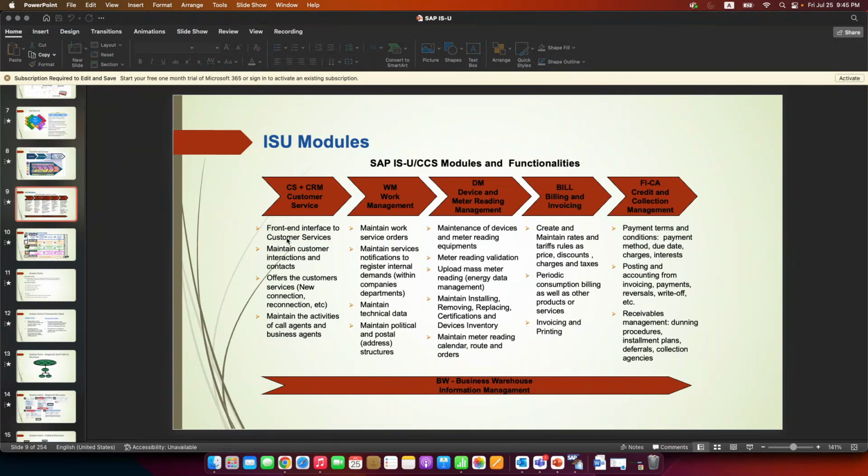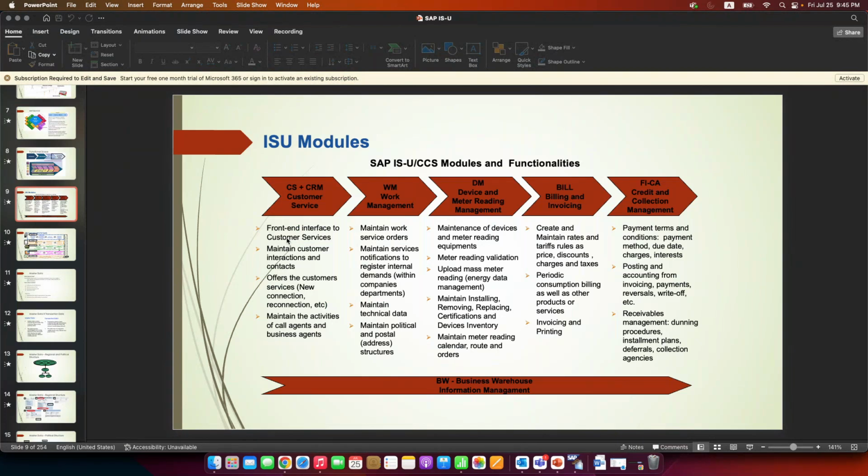From that point to the end of your customer service, in the sense your customer requested for a move out, that means your customer terminated the contract and left to a different utility company or into a different location. Till that point, whatever support the customer needs, every support will be routed through the customer service module.